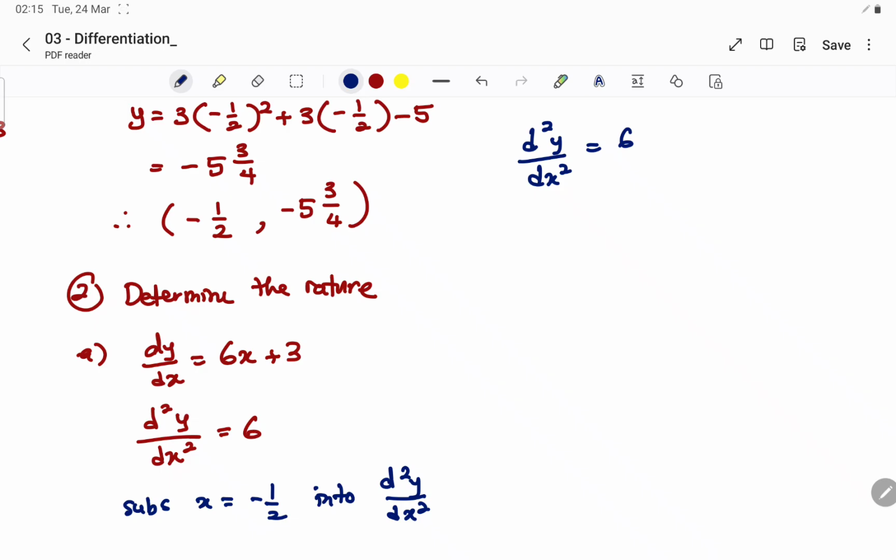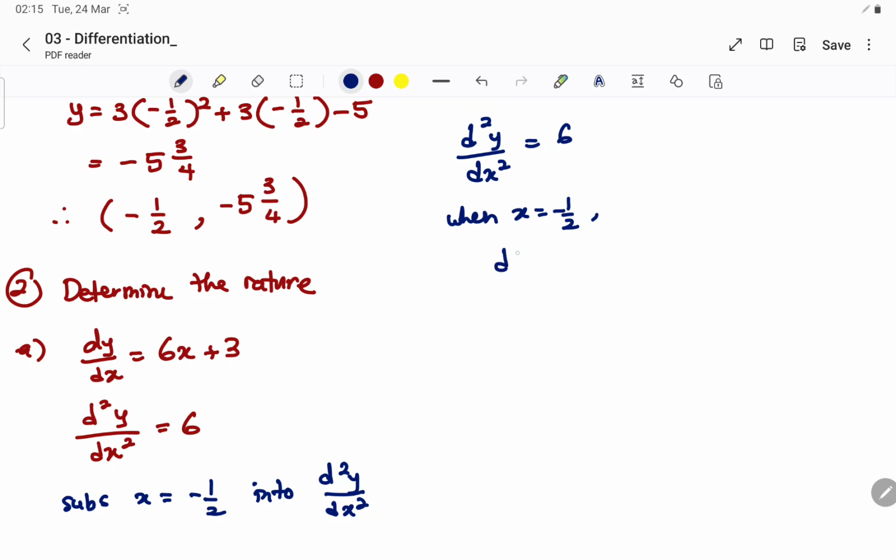Inside this we don't have x. So when we want to substitute x equal to negative 1 over 2, by right we don't have x inside. So after we substitute x equal to x1, it is still equal to 6. This is your final answer after substituting.